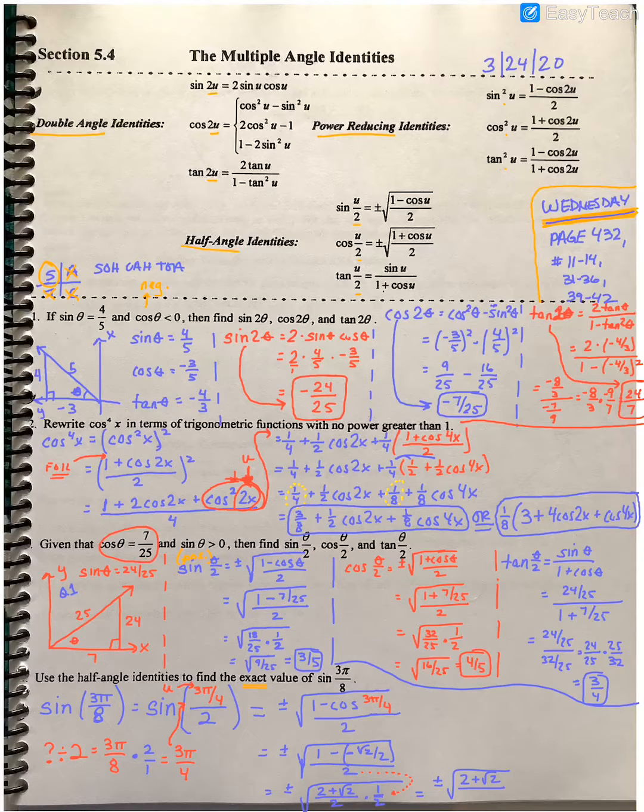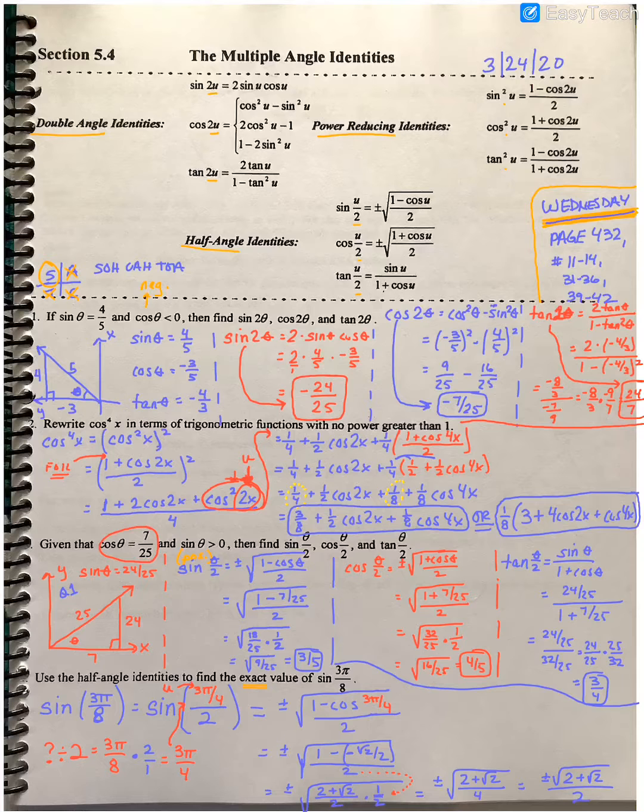When I multiply my numerator by 1, it stays. When I multiply the denominators, 2 times 2 is 4. Now, that's all one square root. I can't really do anything with the numerator, so it's going to stay plus or minus the square root of 2 plus square root of 2. However, the denominator is 4, and the square root of 4 is 2. So better form is to pull that 2 out of there.